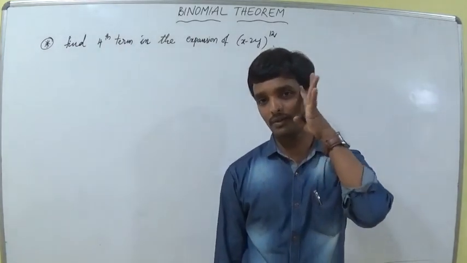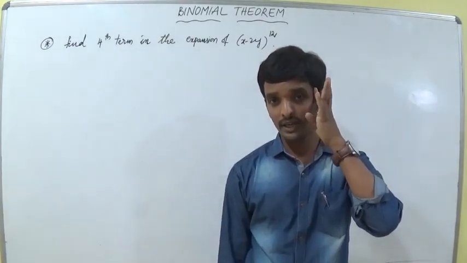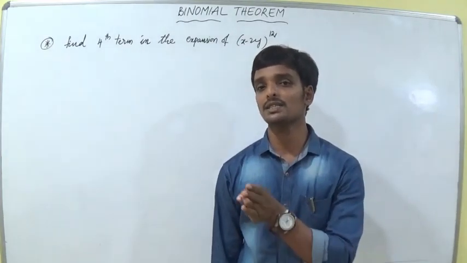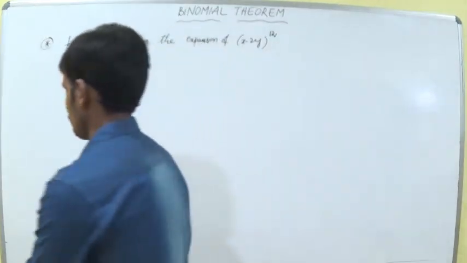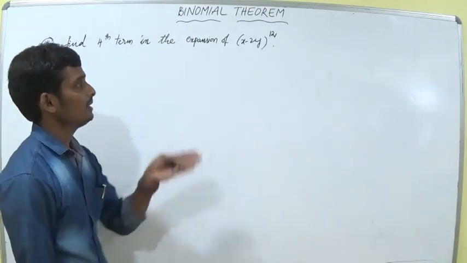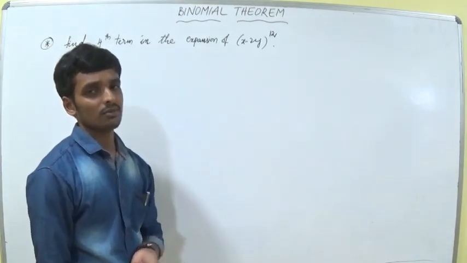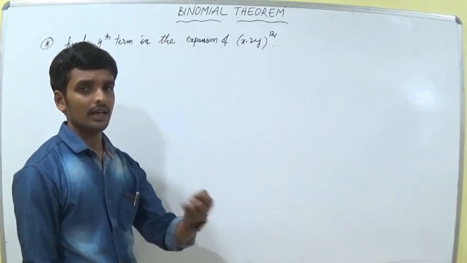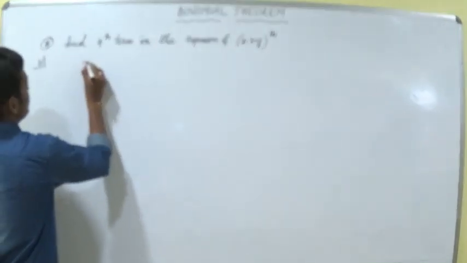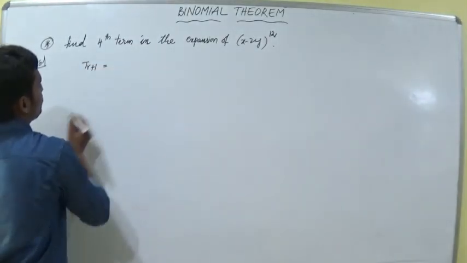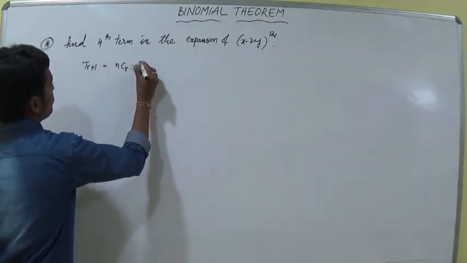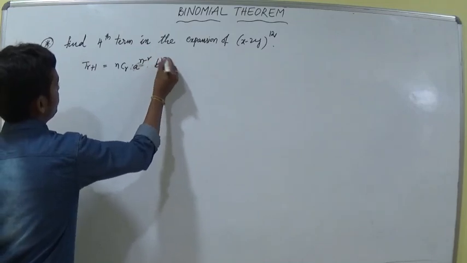Fourth term means we have to keep in mind what we have to find: T4. T4 is equal to T3 plus 1. You can find it. Here, what is a? x is a. What is b? Minus 2y is b. What is n? n is 12. We know the first formula: T r plus 1 is equal to nCr a to the power of n minus r into b power r.